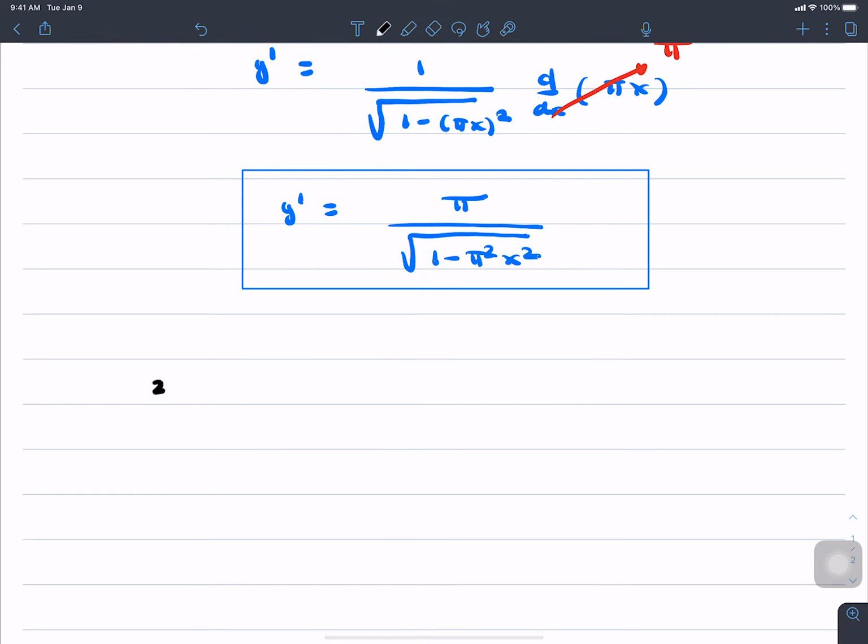Now, sometimes they give you the notation in function notation. So if they gave us, for example, inverse cosine of maybe 2 pi x here.